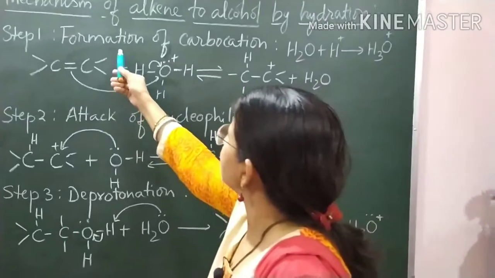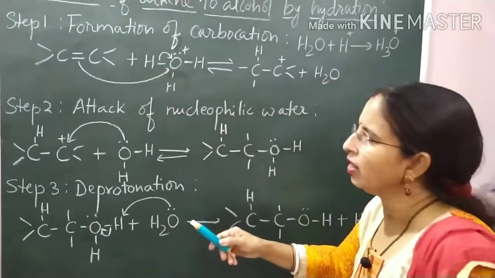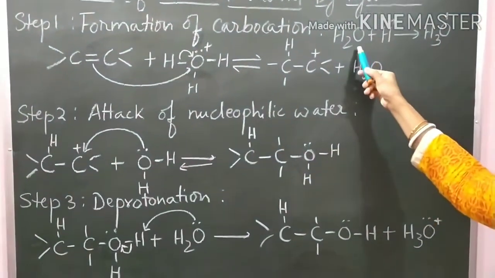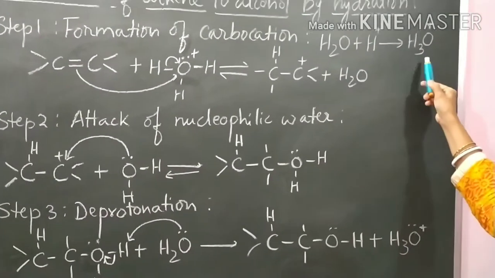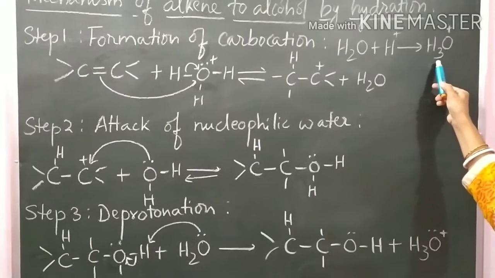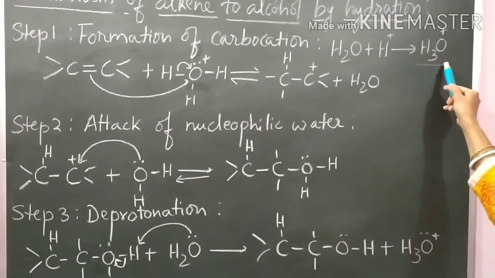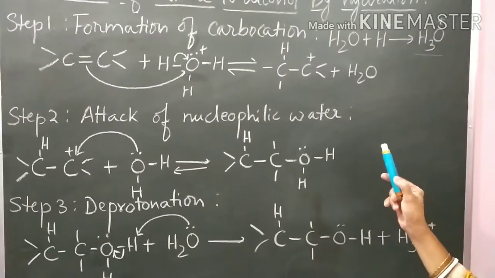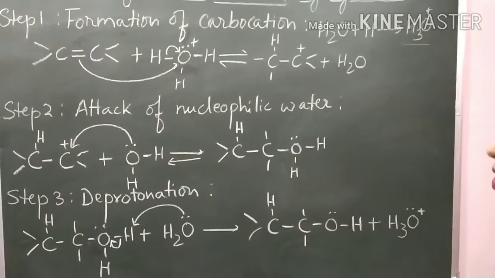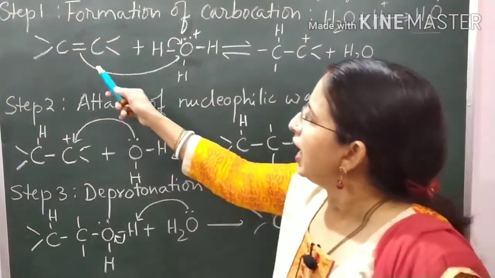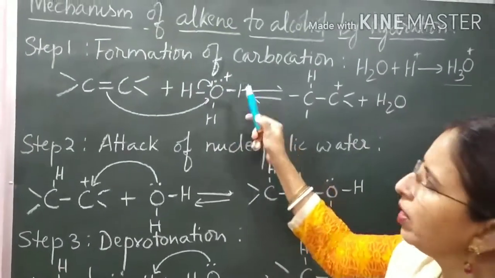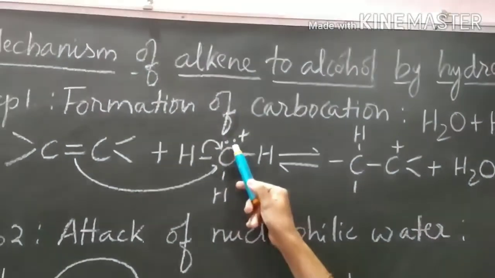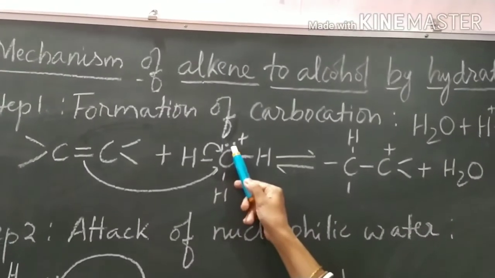In the first step, formation of carbocation. How is it formed? Water reacts with the catalytic hydrogen ion to form protonated water, or we can call it hydronium ion. The alkene reacts with this protonated water because the protonated water has electronegative oxygen.